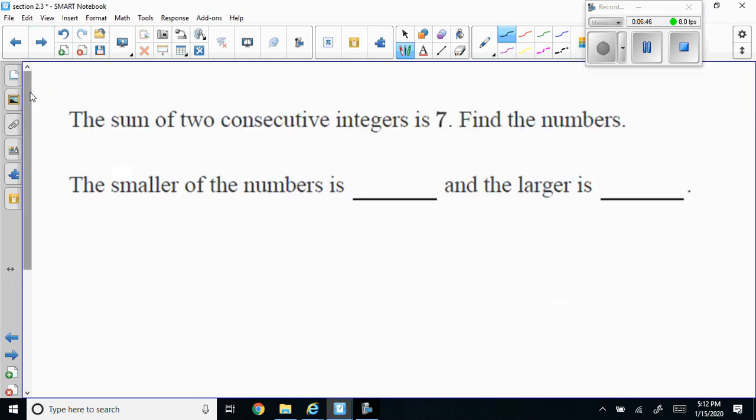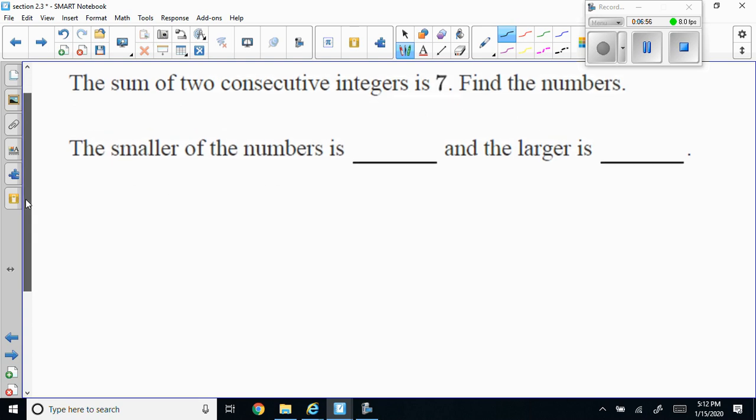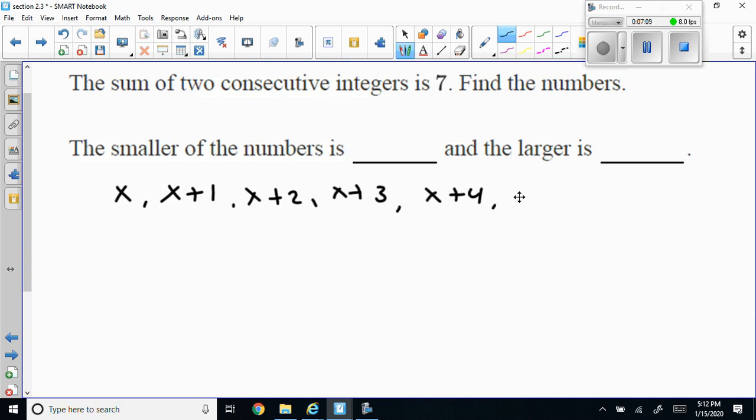All right, so let's look at this one. I'm going to give you this series that produces consecutive integers. You need to look at it like this: x plus 1, x plus 2, x plus 3, x plus 4, and x plus 5.